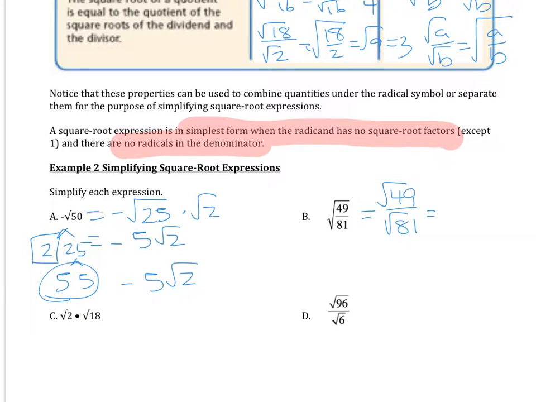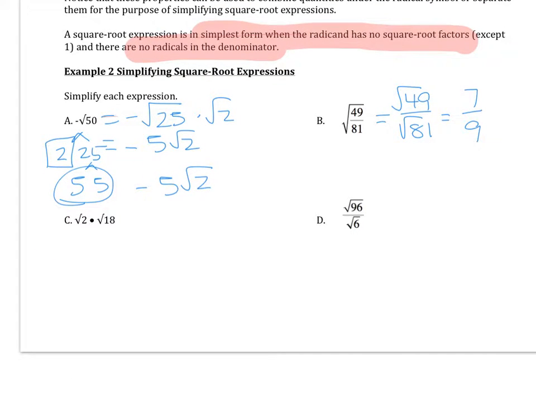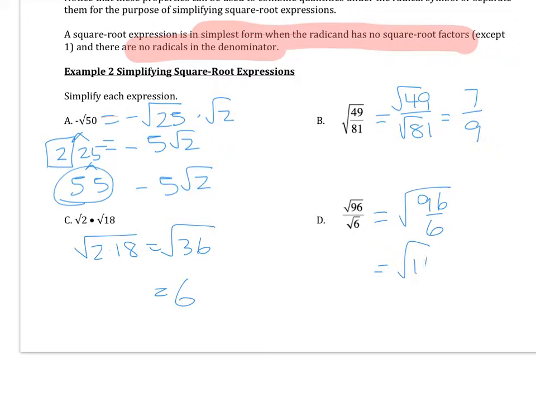When I have a quotient, again, we can split it. Simplify the numerator, simplify the denominator. When I have a product, I can put them both under the square root. And when I have a quotient, I can put them both under the radical.